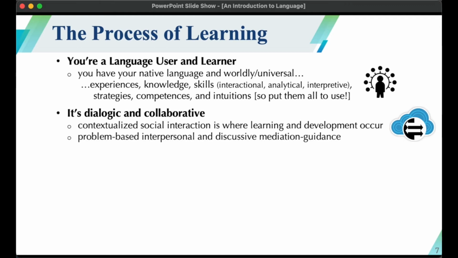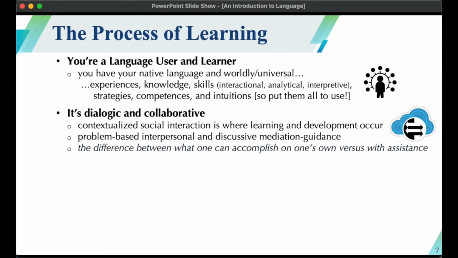Given a goal and in its pursuit being faced with a problem, for instance, not knowing how to do something or say something, we often engage in interpersonal and discussive mediation and guidance, getting help or inspiration, a step up where we need it. In sum, it amounts to the difference between what one can accomplish on one's own versus what one can accomplish with assistance, with the latter almost always accomplishing much more.